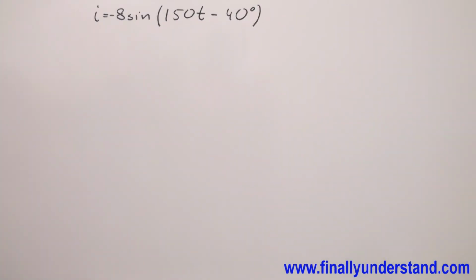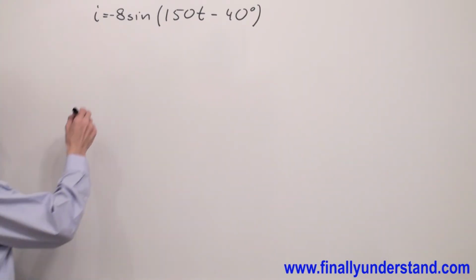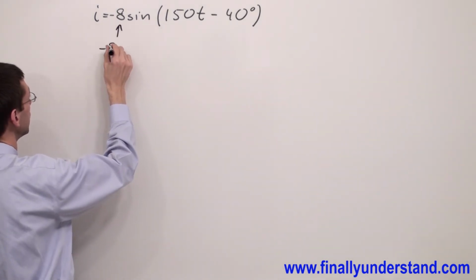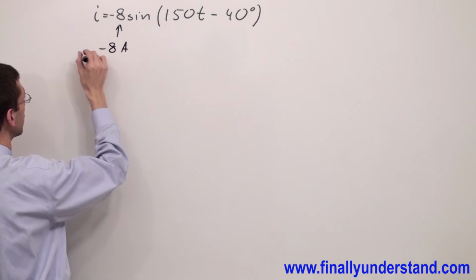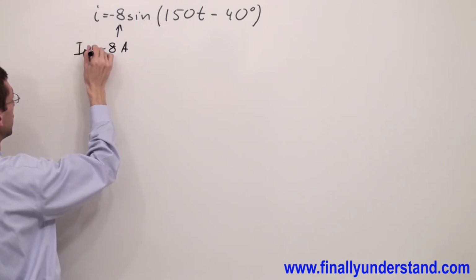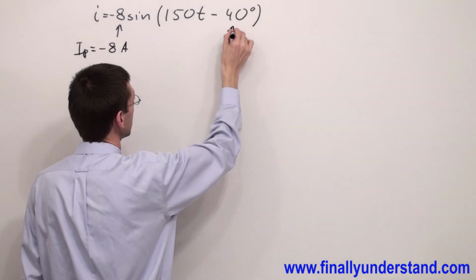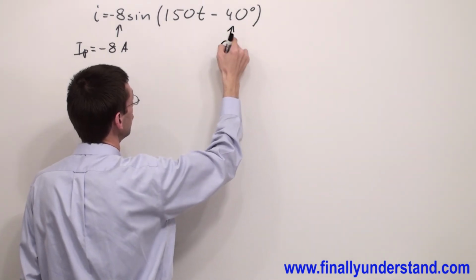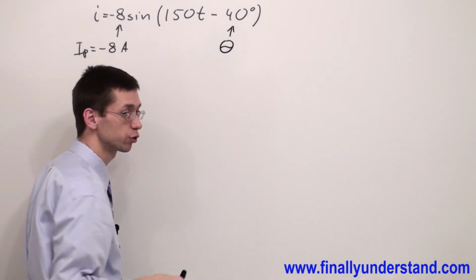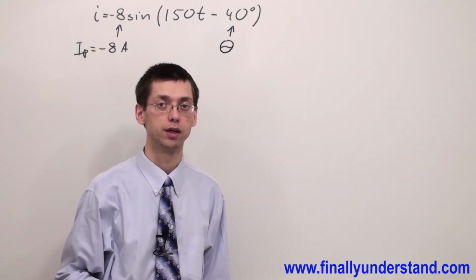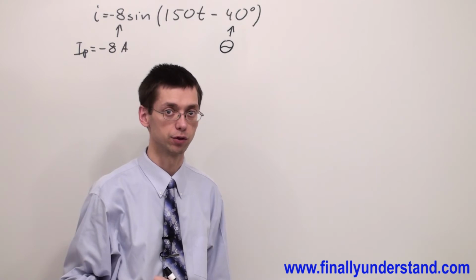Let's take a look at this example. My current peak is negative 8 amps. I peak is equal negative 8 amps. The phase shift angle is 40 degrees. What I'm supposed to do first? I'm supposed to write the equation of the reference wave first.